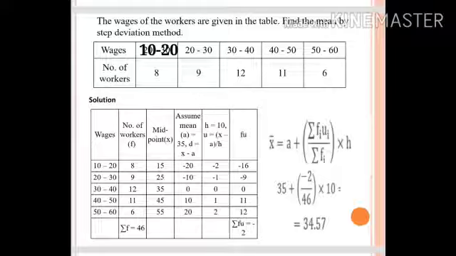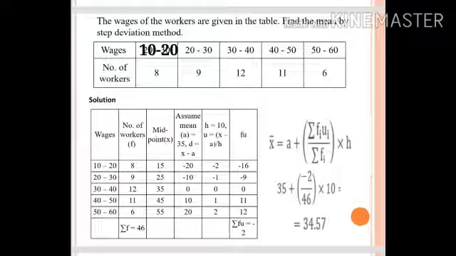That is your ui. So fi ui is the product: 8 into minus 2 is minus 16, 9 into minus 1 is minus 9, 12 into 0 is 0, 11 into 1 is 11, 6 into 2 is 12. Now sigma f equals 46, and sigma fi ui equals minus 2.